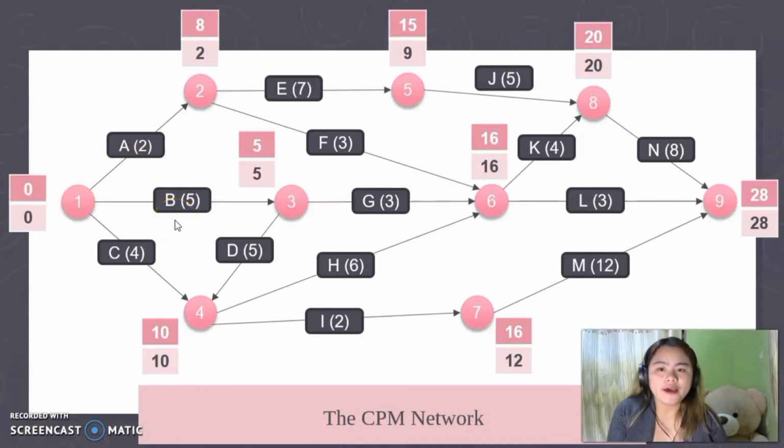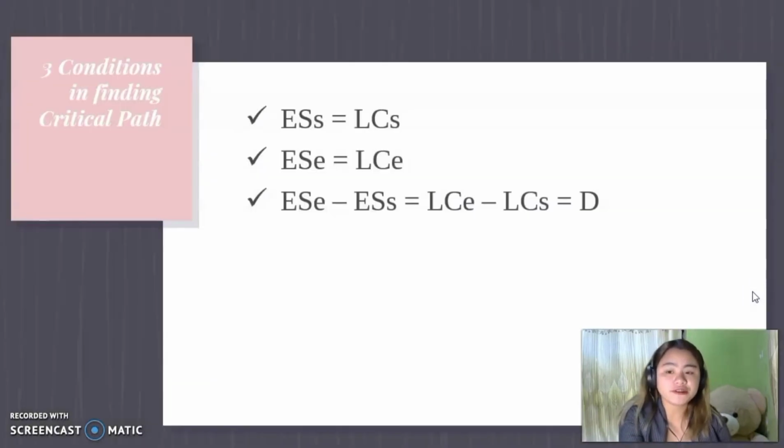So now we have already calculated our earliest start time and, at the same time, our latest completion time. So we can now determine our critical path. In order to find our critical path, we have to consider 3 conditions. The earliest start time of a starting activity is equal to the latest completion of a starting activity.